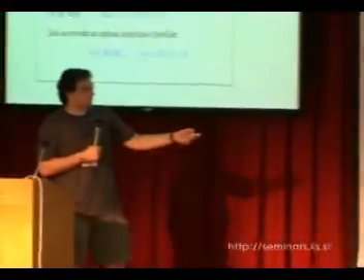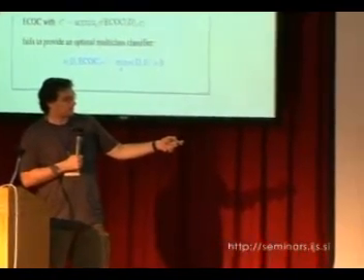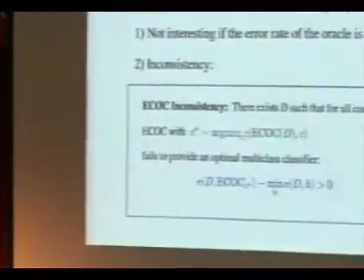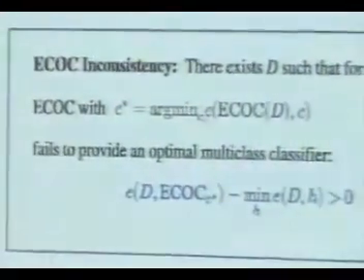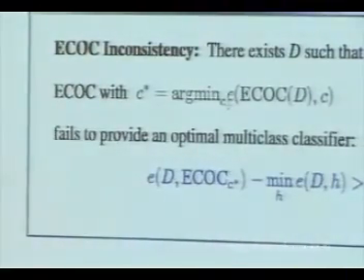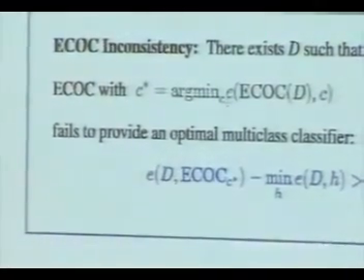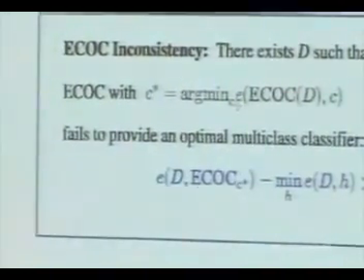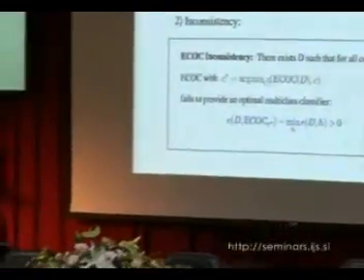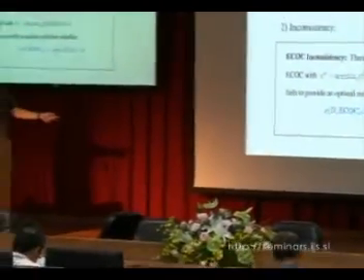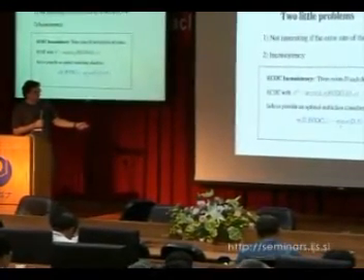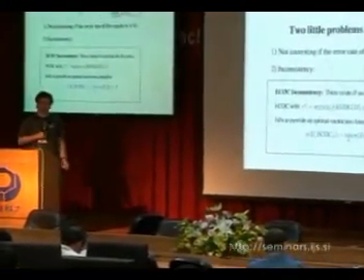We have a multi-class distribution D, which induces a binary distribution. We learn the best possible binary classifier, so we succeed very well with our greatly refined binary classifier technology. And it turns out that does not imply you do very well in a multi-class situation. If you use the error correcting output code with that best possible binary classifier, it's still worse than the best multi-class classifier.